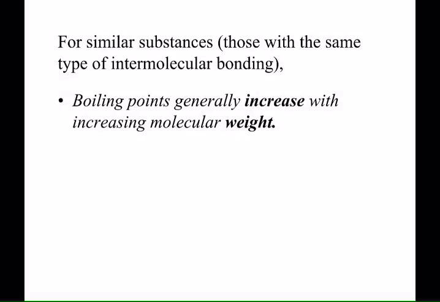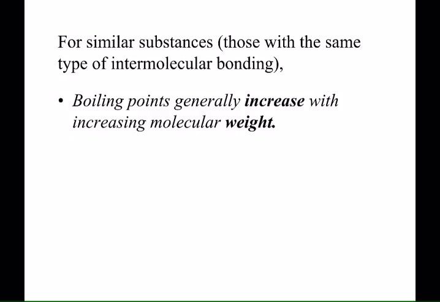So each one, this set, these C5H12s, these different isomers of pentane, definitely have the same type of intermolecular bonding. I'm hoping you would tell me the type of intermolecular bonding is all induced dipole, because alkanes are nonpolar.